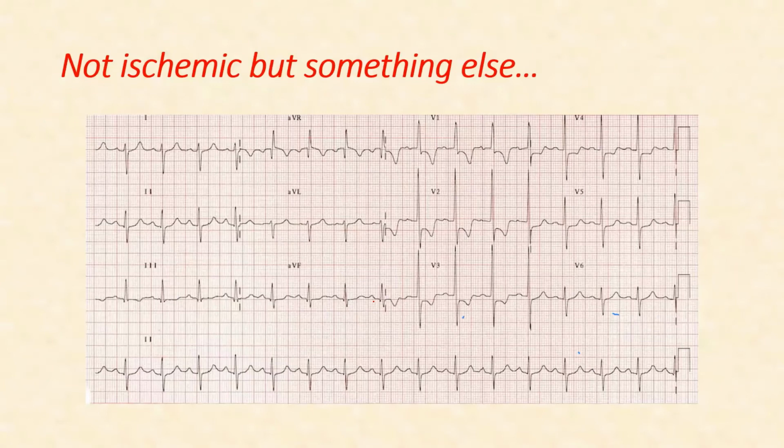Okay. And also in some degree in V2. Okay. And ST elevation in AVR. Okay. And also there is a dominant R wave in V1. Okay. So now what do you think about it?